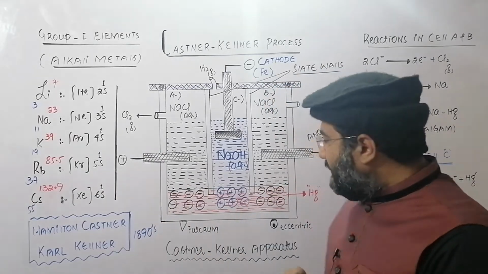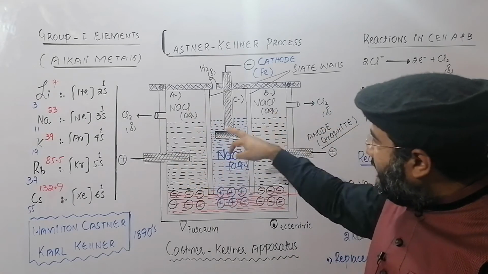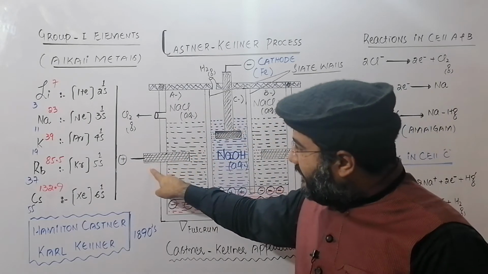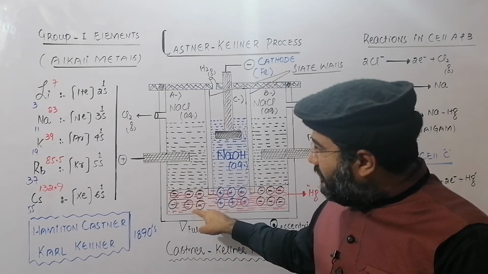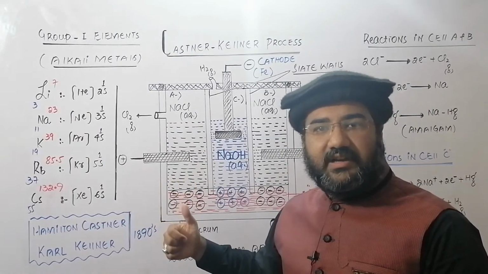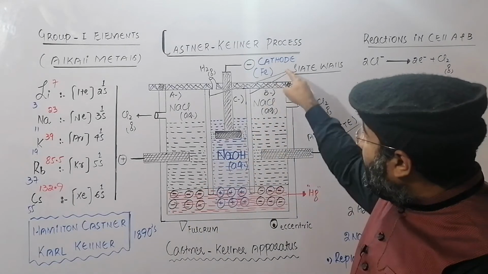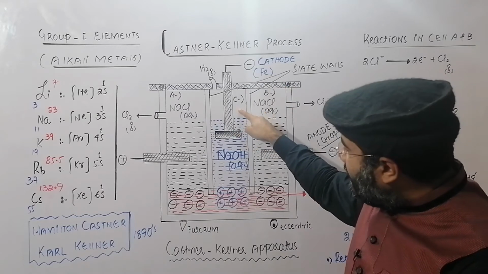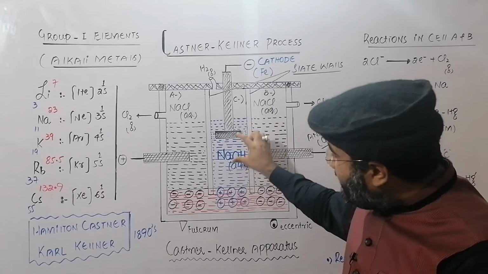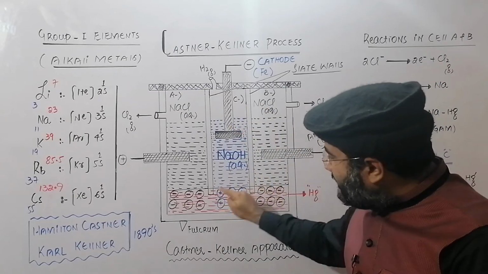My dear students, in the peripheral cells A and B, the anode is of graphite, and this mercury column gets relatively negative as compared to the positive graphite anode, so it acts as cathode. But in the central cell, the iron cathode is used, which is negatively charged, and as compared to this negative electrode, the mercury column gets a positive charge.